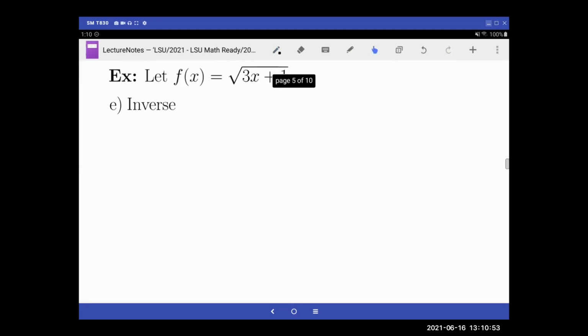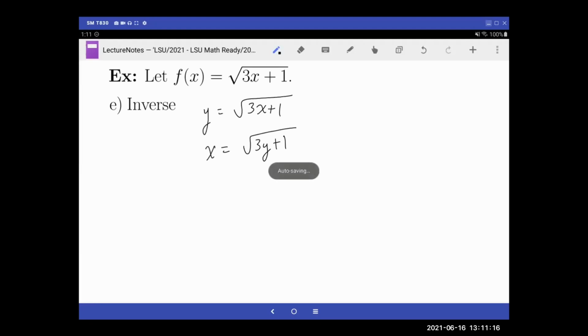Okay, let's find the inverse. It's been a little while since we've done that. Remember, to find the inverse, I like to write it out as y equals the square root of 3x plus 1, and then invert my x and my y. Then it's just a matter of solving for y. So first thing I would do is square both sides.